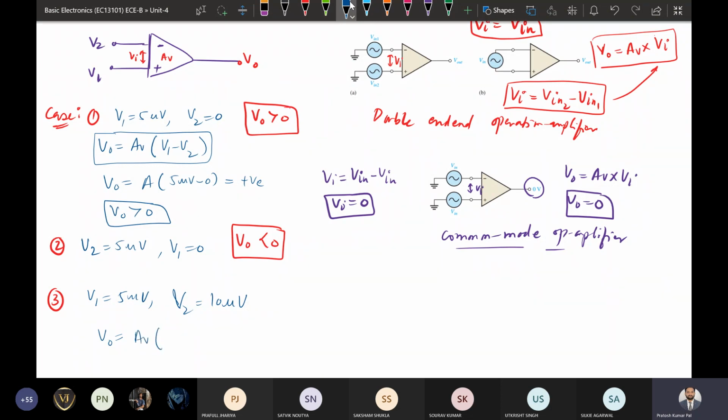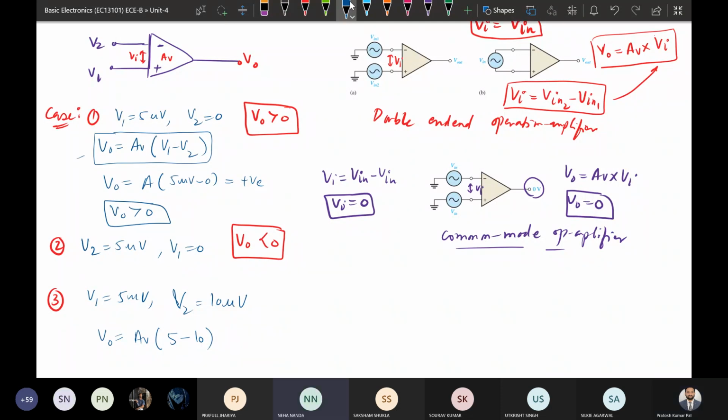V1 is 5 microvolt and V2 is 10. What is it? Positive, okay. Any other student? Putting these values into this expression.